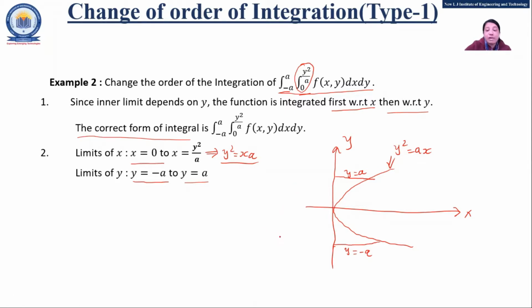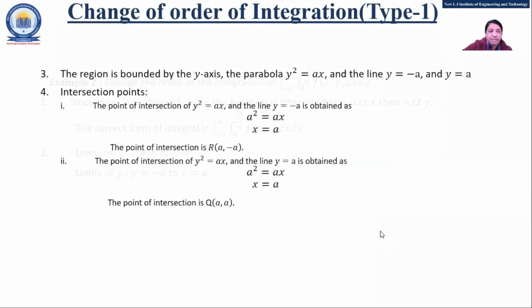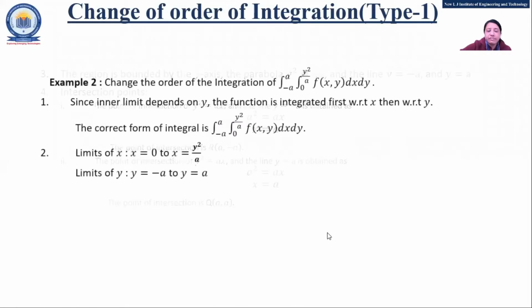The region is bounded by one parabola, y equal to a and y equal to minus a. So here it is written, the region is bounded by y square equal to ax, y equal to minus a and y equal to a. Now the intersection points.